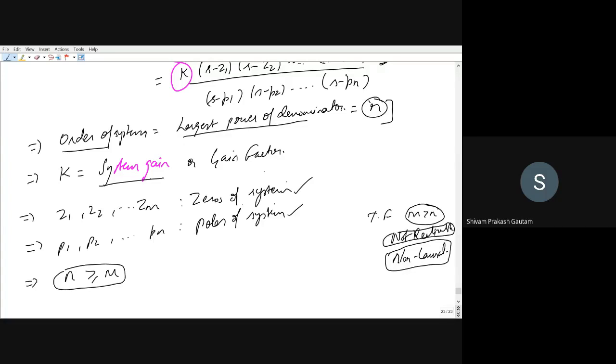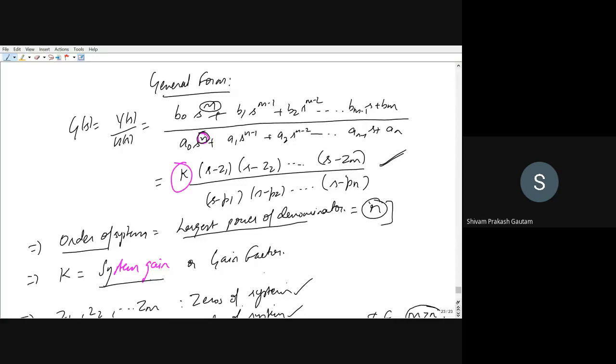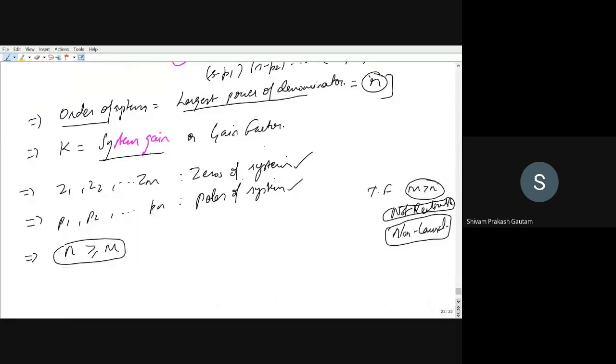Realizable means there is no such system present. If you consider an RLC network, mass spring damper system, or a torque spring system for rotational system, you will always find that when you calculate a transfer function, the power of denominator will be greater than or equal to the power of numerator. Is it okay? These are the four properties related to transfer function.